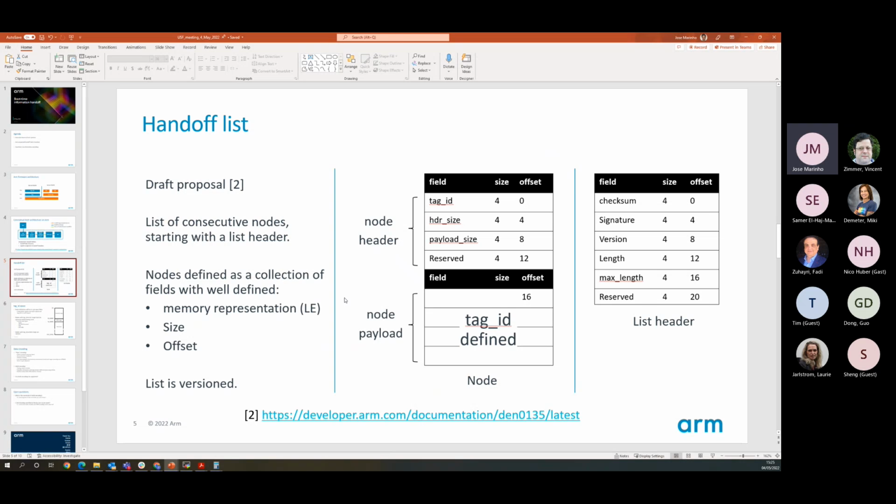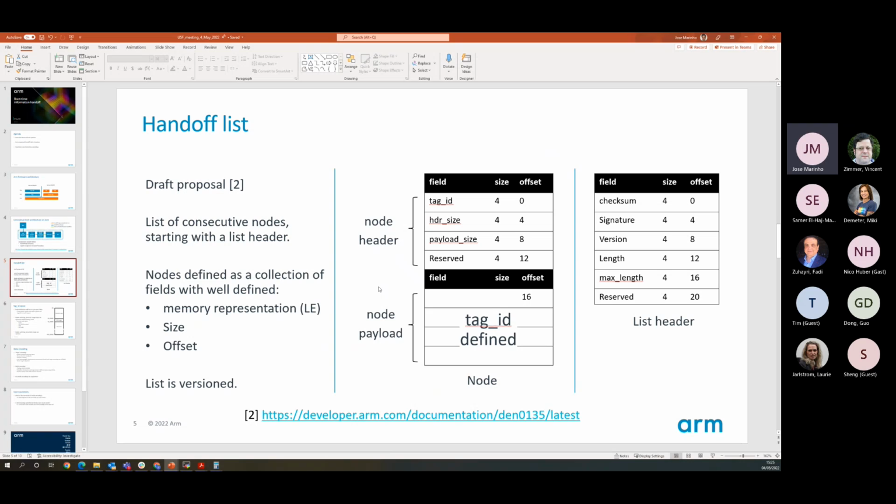And also the endianness is specified when we're defining these nodes in the spec, which is, by the way, still just a draft proposal. It's publicly accessible. The spec, as I said, has a sequence of nodes defined. And hopefully this is enough, or at least is a path forward for the standardized information exchange.